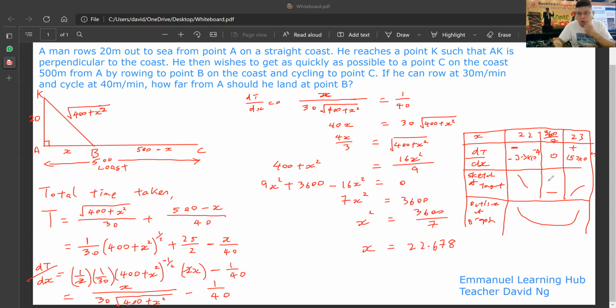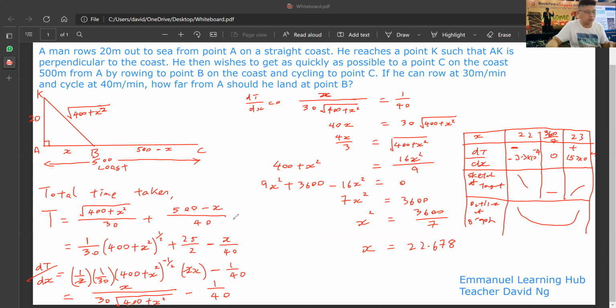You understand what's going on? So like that is minimum. That's how you confirm it's minimum t. When x is this, that's the minimum t. This first derivative test confirms it's really minimum. Understand?